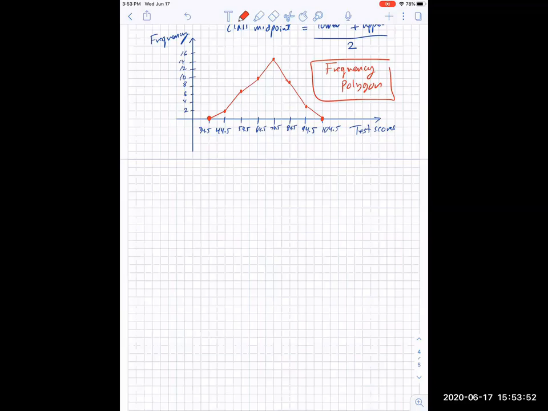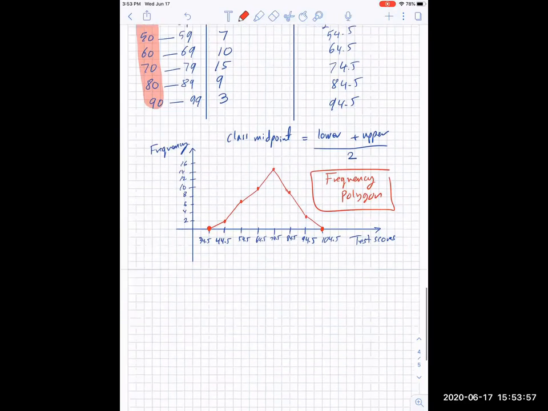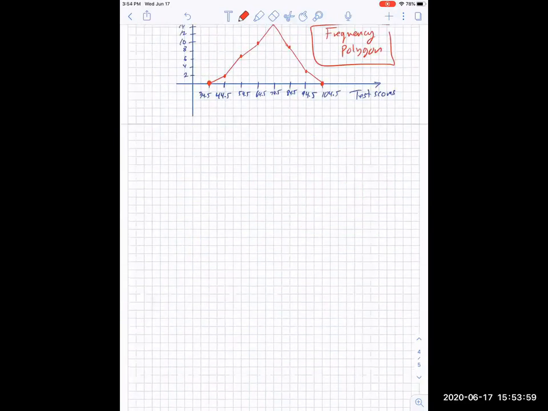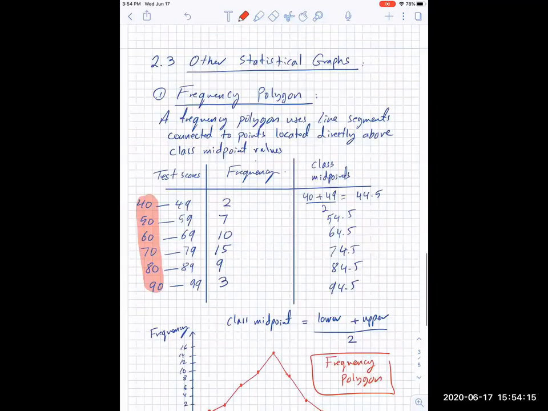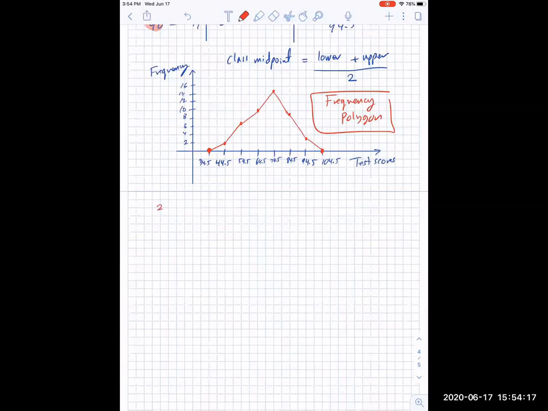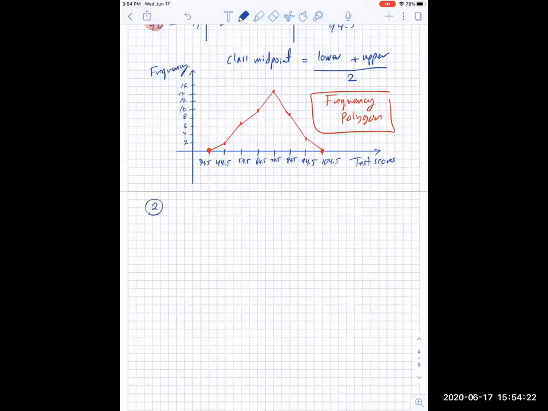I mean, we do not have a frequency table. We have just the actual set of sample data, and then we're going to use certain graphs to represent our sample data. So the next thing we're going to discuss is the dot plot.